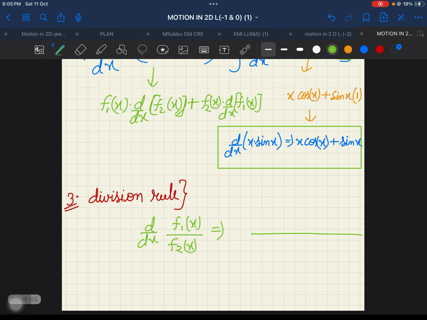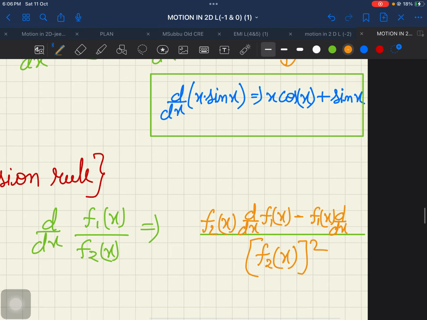You just make the square of the second function in the denominator, and then in the numerator, the second function f2(x) into the differentiation of the first function, minus the first function into the differentiation of the second function f2(x). So this is the formula.